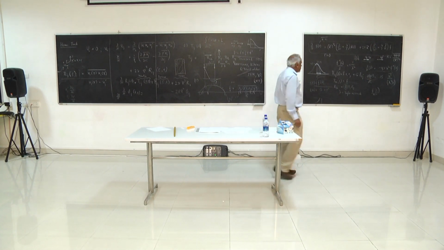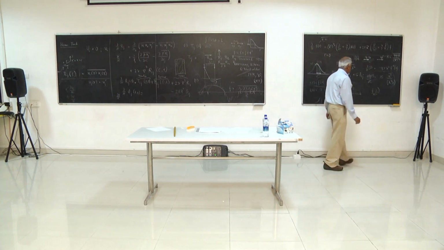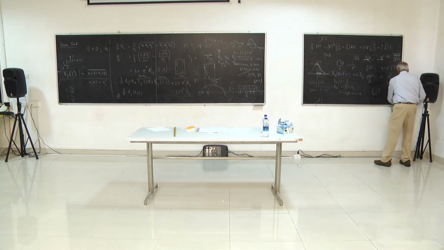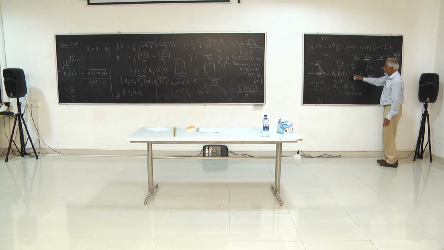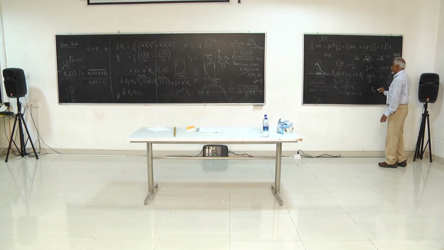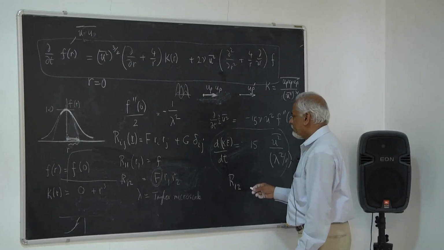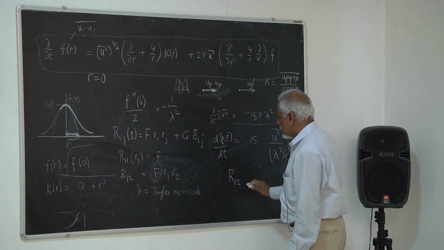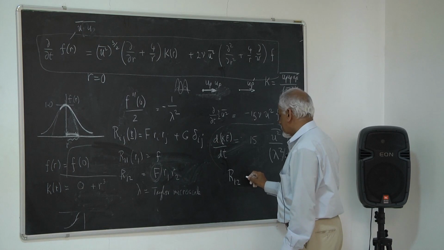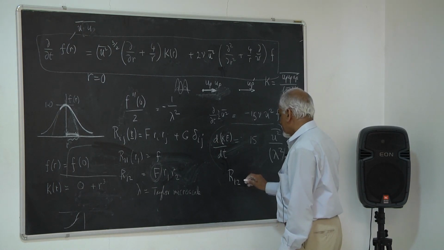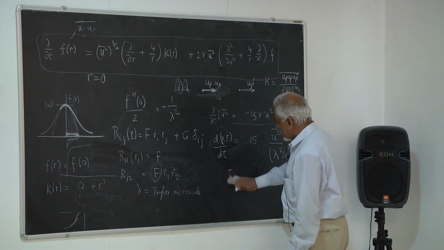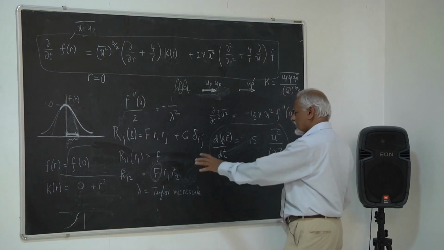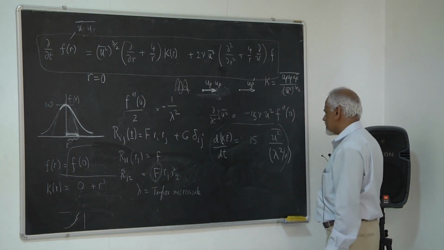And similarly, if you take spectral density, for example, oh, by the way, if I get R12, let's take R12 will be 0, right? Isn't that right? So anyhow, basically you can represent everything in terms of f.